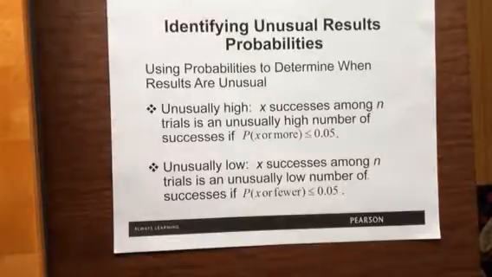Unusually low, then that X value, or having that or lower, is less than 0.05. So usual values are going to have to do with how far away from the mean something is. Unusual values, we're comparing the probability to 0.05. And that's going to come into play a lot more in the next couple sections.